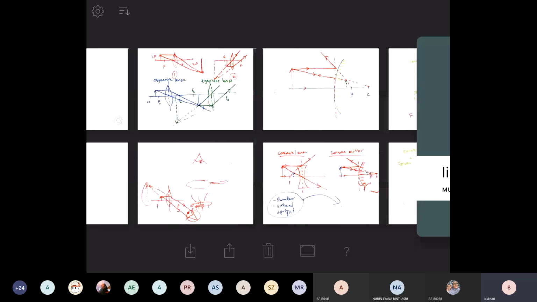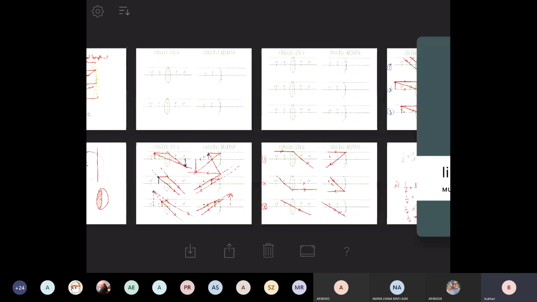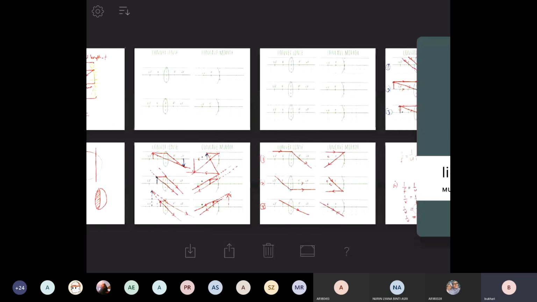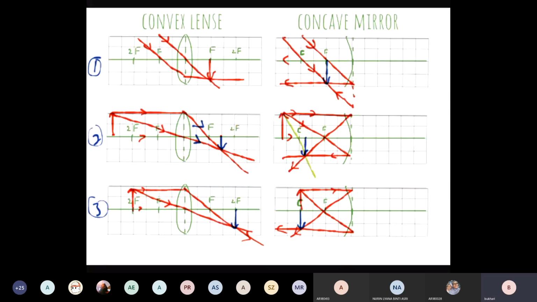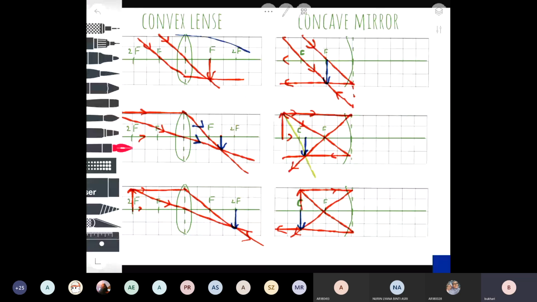Far object, good. If you try to look at a far object, the object should be far away, from infinity or a distant object. You're going to apply this one.